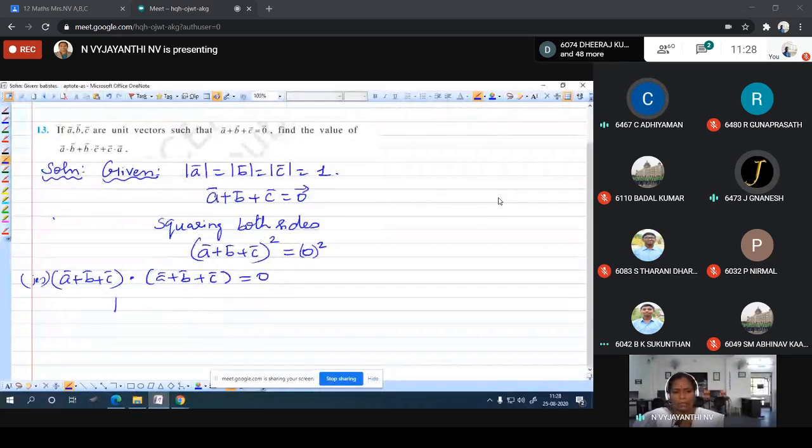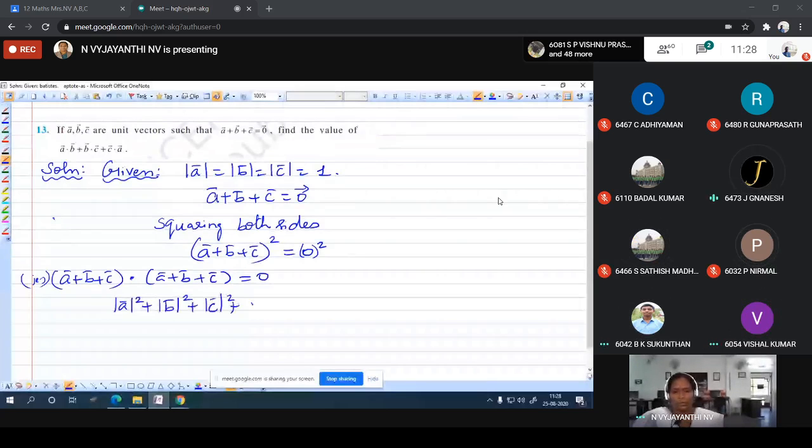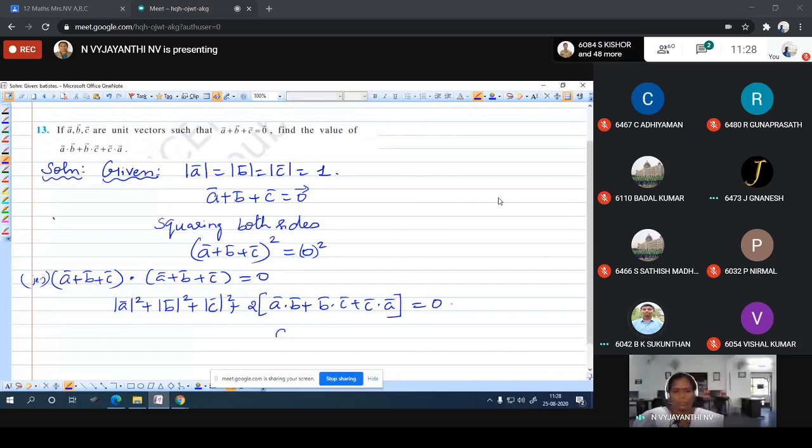Modulus of A squared plus modulus of B squared plus modulus of C squared plus 2 times of A dot B plus B dot C plus C dot A equals 0.